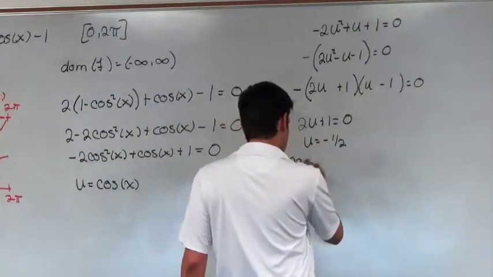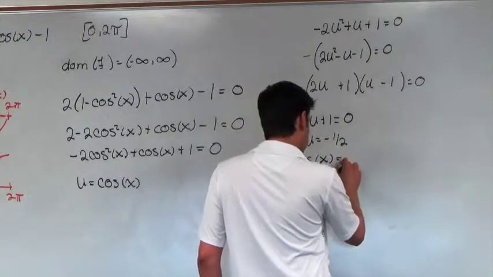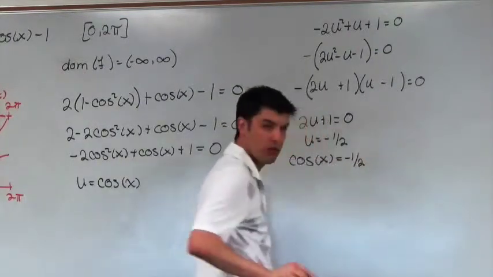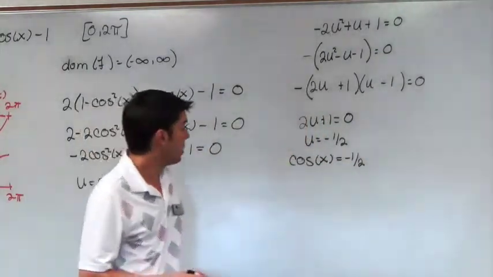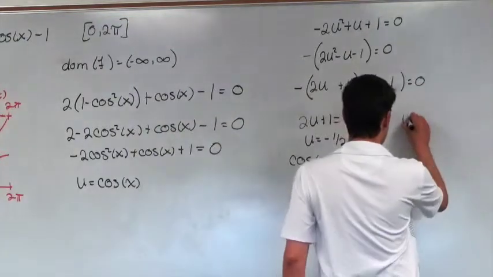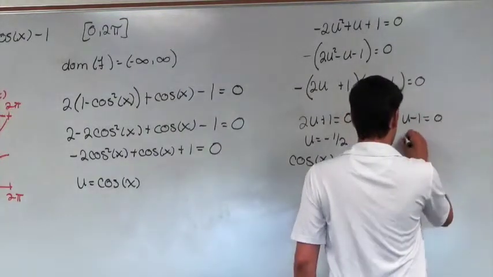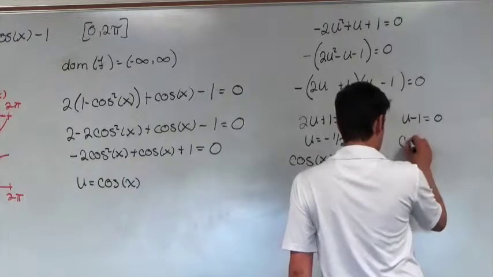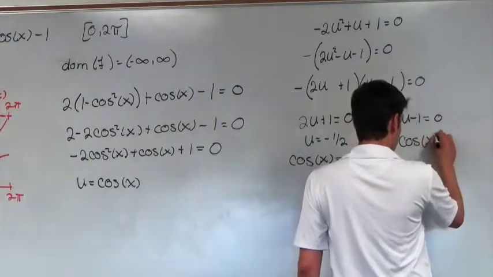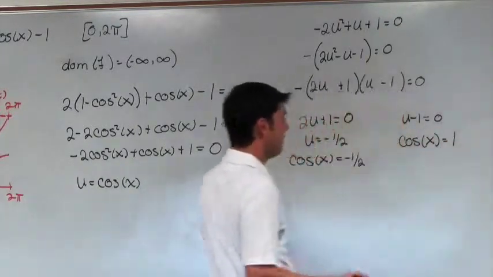So we get cosine equals negative 1/2. Set the second factor to 0. We get u equals 1. That is simply cosine equals 1.